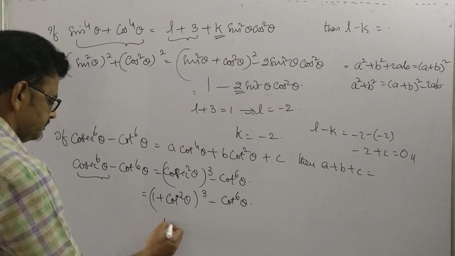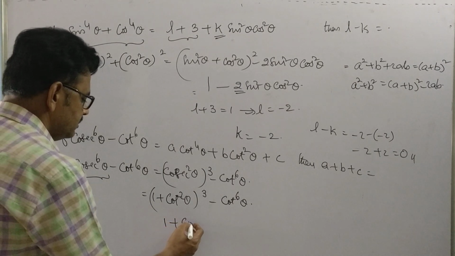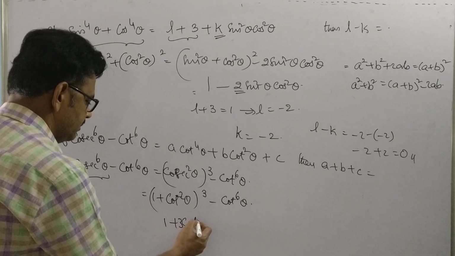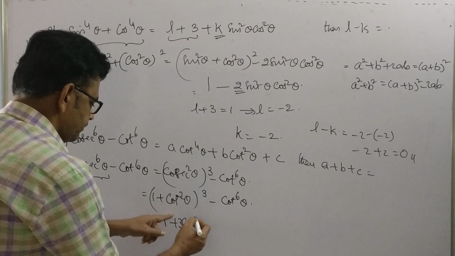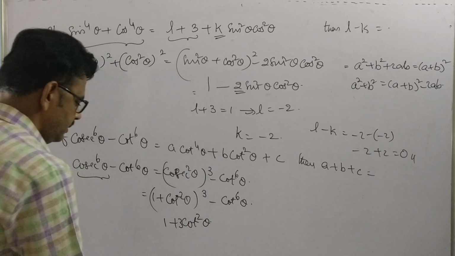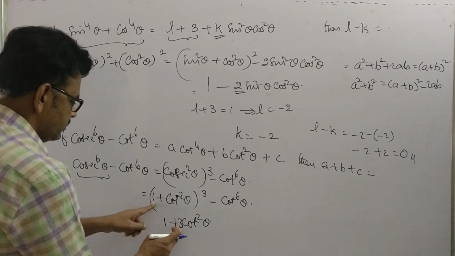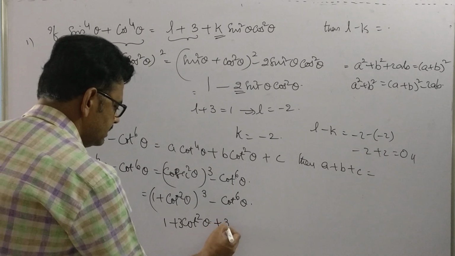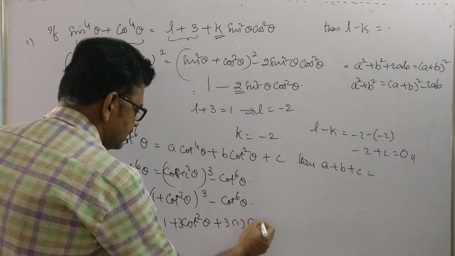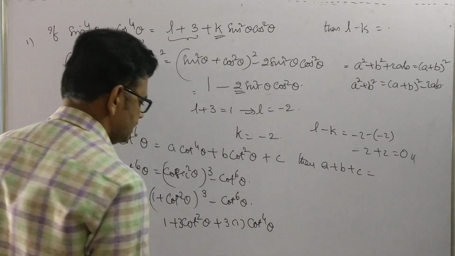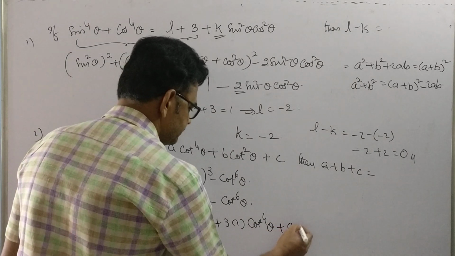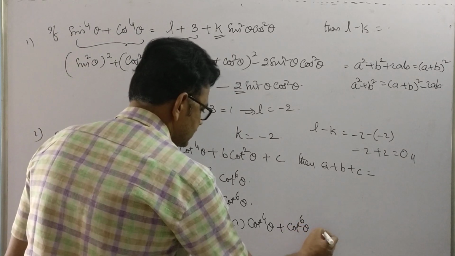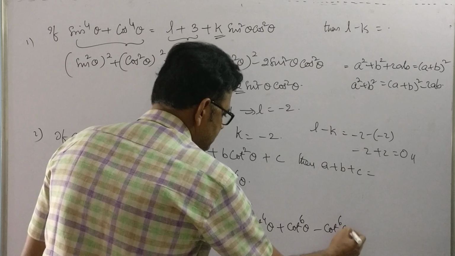A cube plus 3A square B plus 3AB square plus B cube. A is 1, B is cot square theta. So 3A square B, then 3AB square, cot power 4 theta, plus B cube, cot square theta whole cube, that is cot power 6 theta, minus cot power 6 theta.